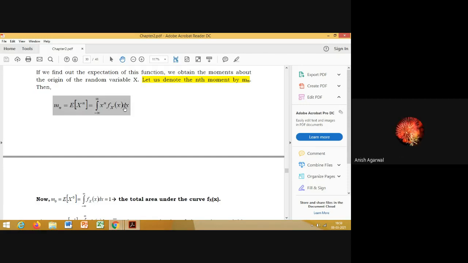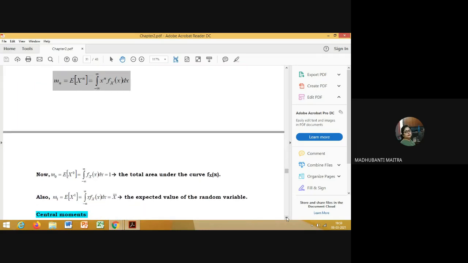Yes, ma'am. So what is this? Nothing but the expected value of X, the mean value of X. The integration of x f(x) dx, by definition, is equal to the expected value of X.